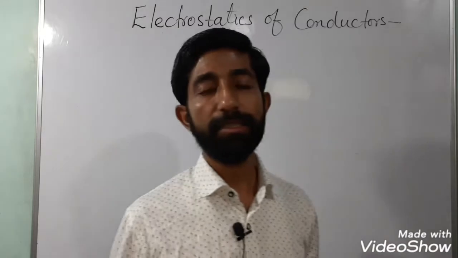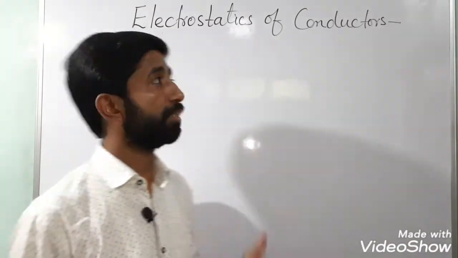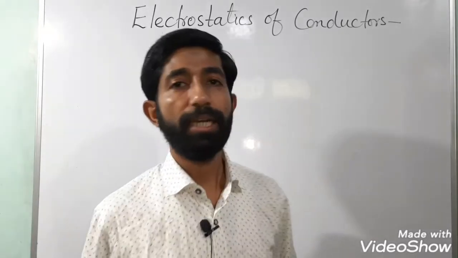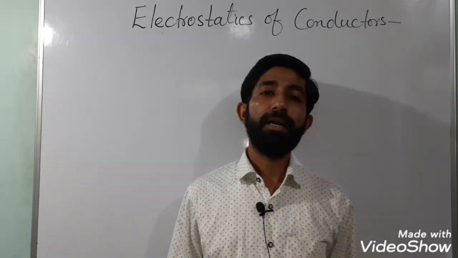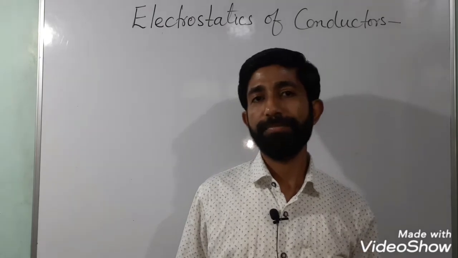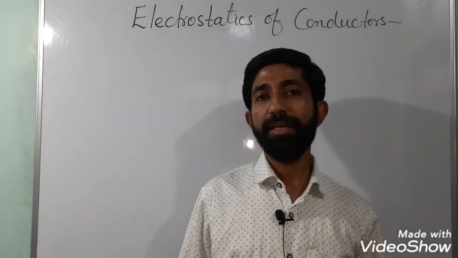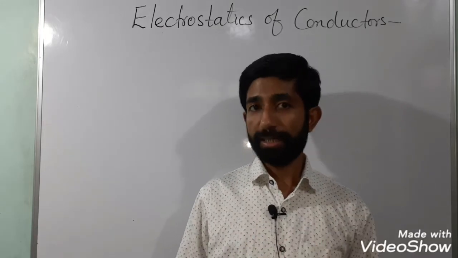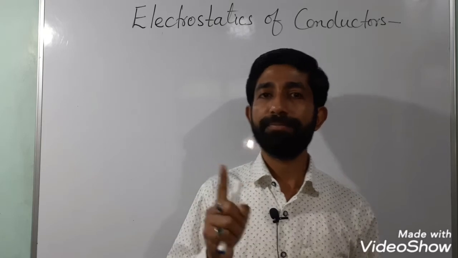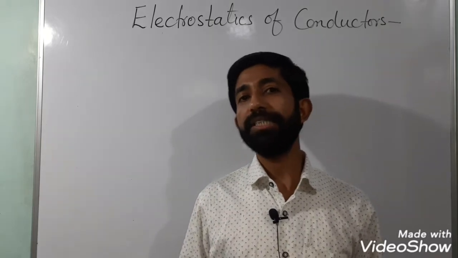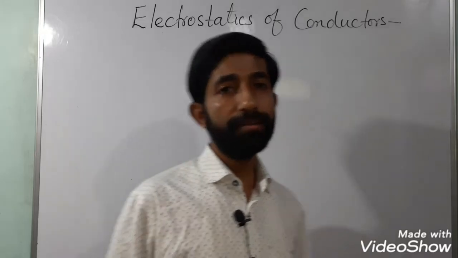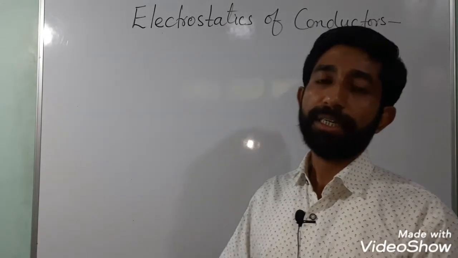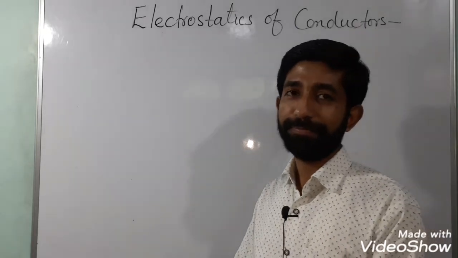We shall be discussing some different points under this, and the very first point is that when a conductor is placed inside an external electric field, the net electric field inside the conductor is always zero. Okay? The net electric field inside any conductor is always zero.